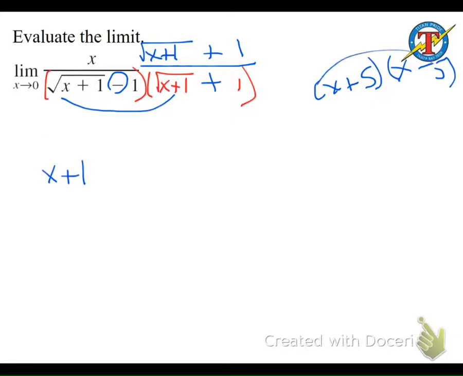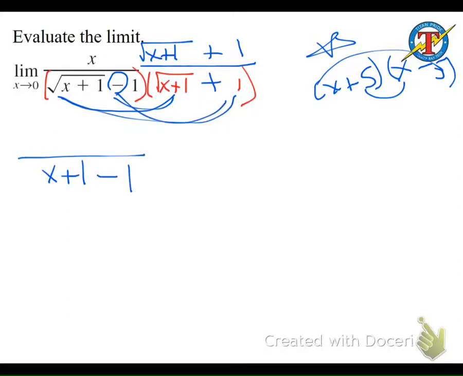The outers and inners, just like when we did this easier problem over here, are going to go away. I'm not even going to write it down. The outers are going to be a positive square root of x plus 1. The inners are a negative square root of x plus 1. They go away. Now the last terms, negative 1 times a positive 1 is a negative 1. Okay, that's my new denominator.